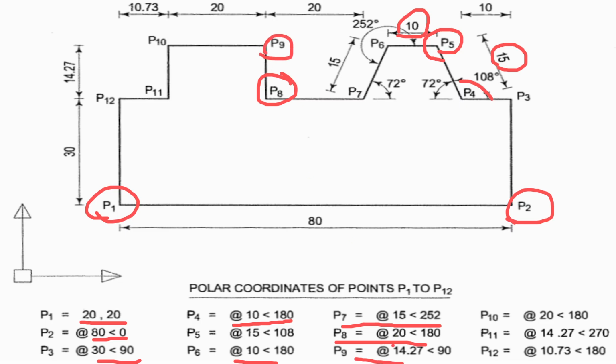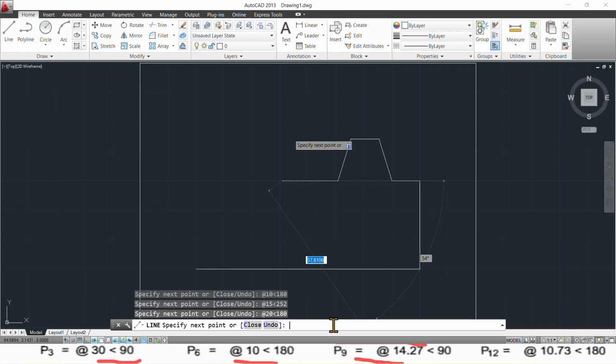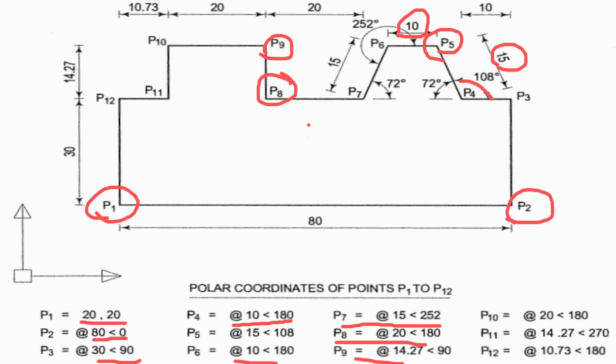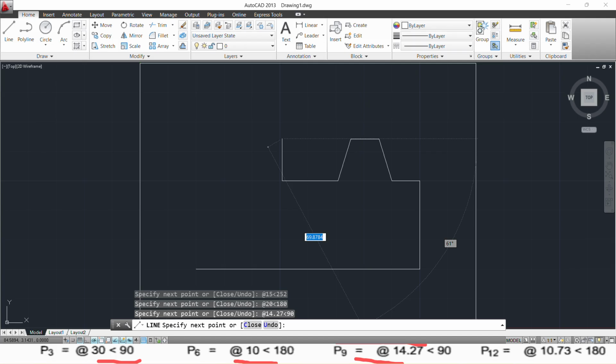P9, the value is at the rate 14.27 less than 90 degrees, because we are moving in the upward direction. Then the next point we have is P10, which is at the rate 20 less than 180 degrees.